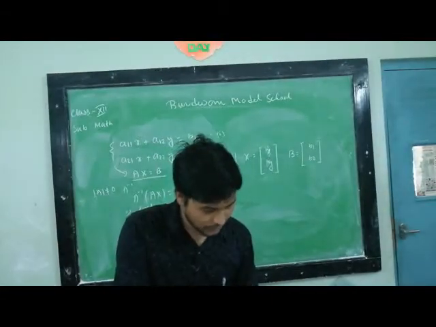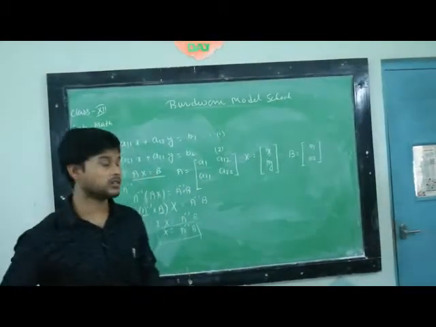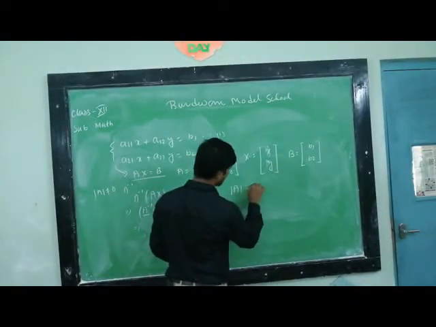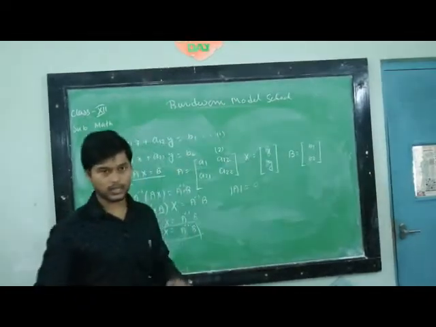Now what happens if mod A is equal to 0? If mod A is equal to 0, then we have to check one more thing.